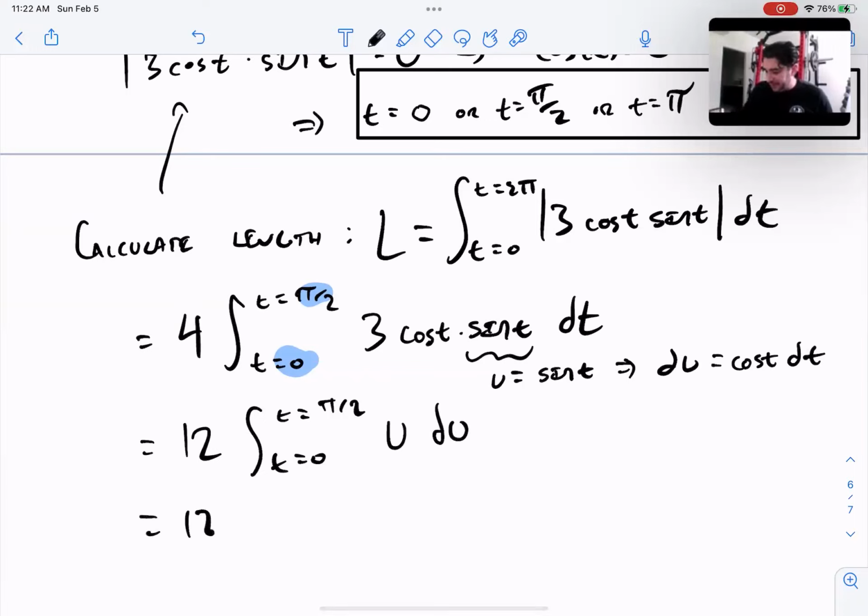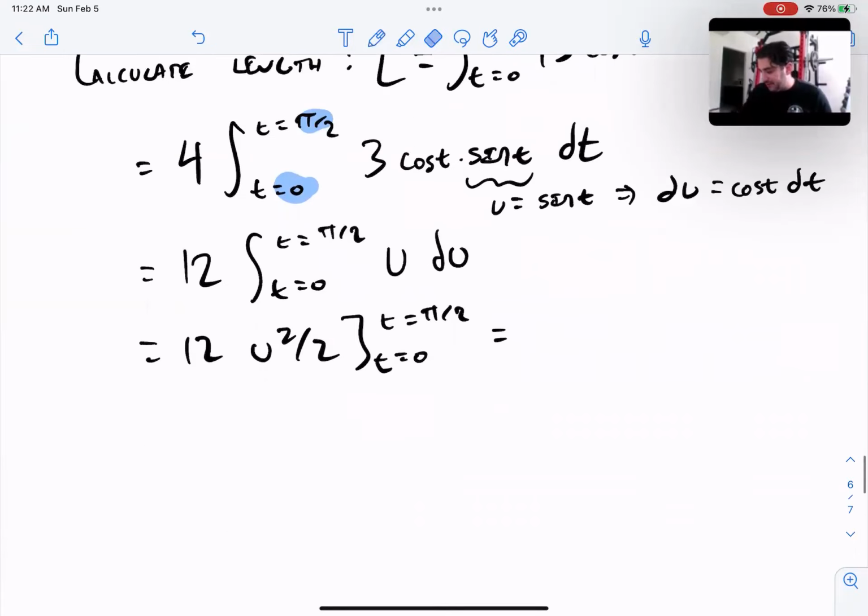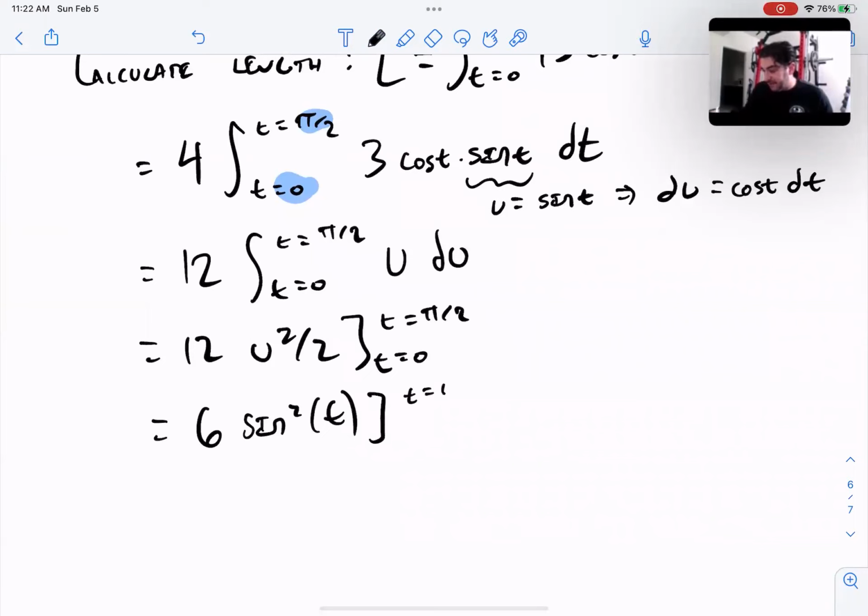Which is 12u squared over 2, and this becomes 6. U is sine, so 6 sine squared t, evaluated from t equals 0 to pi over 2.